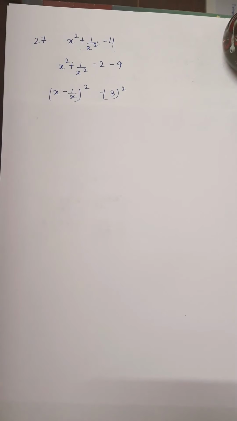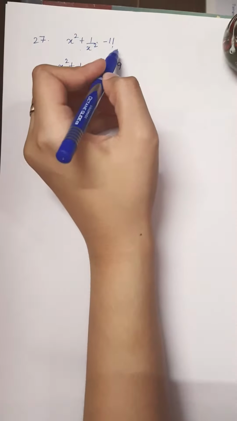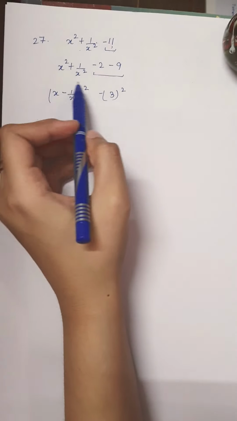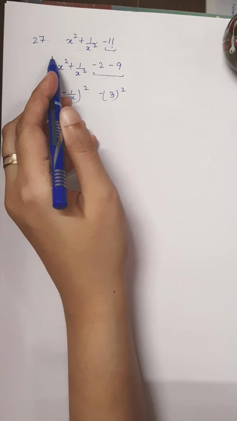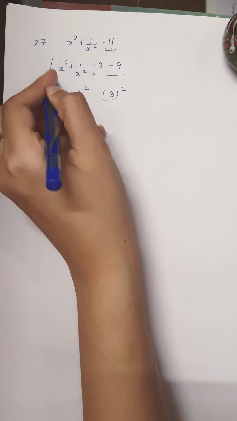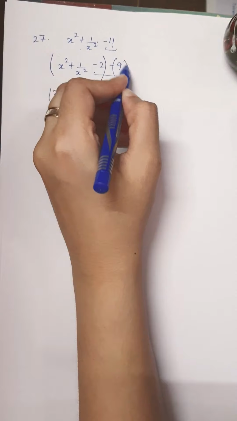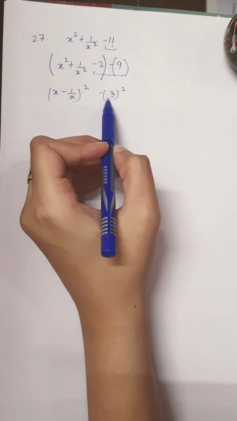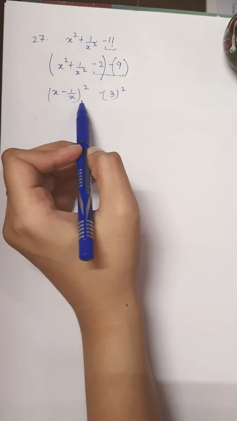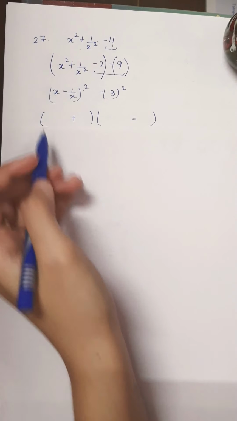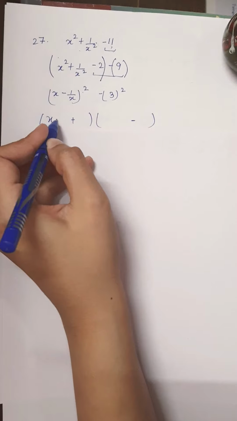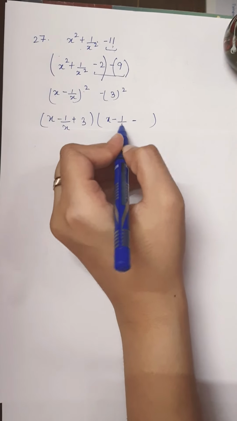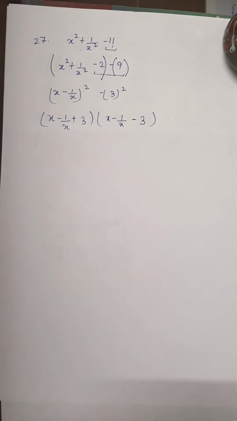So here is the solution. 11 has been split as this, just because I need to group this all together and this together. So this is (x minus 1 by x) whole square and this is 3 square. Now the format follows. So sum of both the brackets and difference of both brackets. Is it clear?